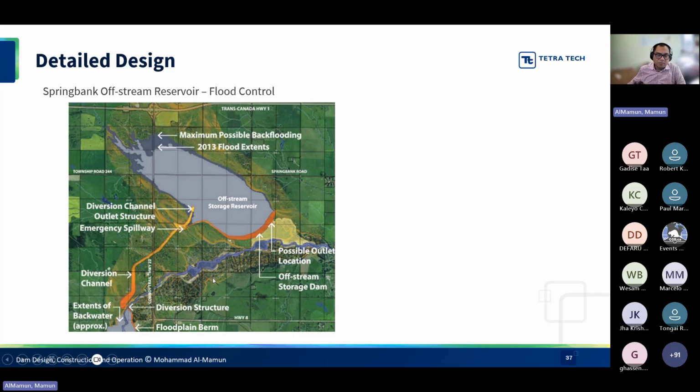So this is the Bow River, and they put a diversion structure here, which is a concrete and electrical mechanical structure. The idea is that during a big flood, when the Elbow River Valley is full, they'll open this diversion structure and cut a diversion channel, this yellow one, and start diverting the water so that instead of all this water going downstream into Glenmore Reservoir and then into the city of Calgary, we divert it and create this reservoir.